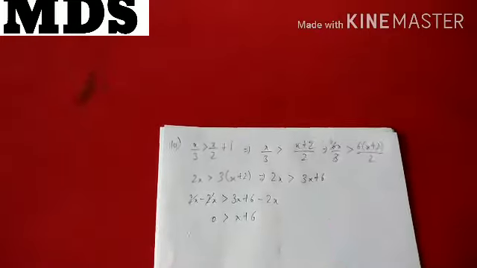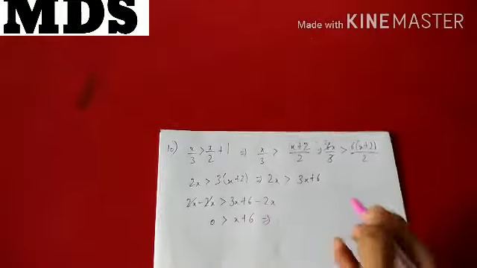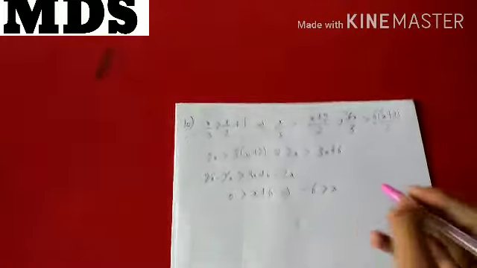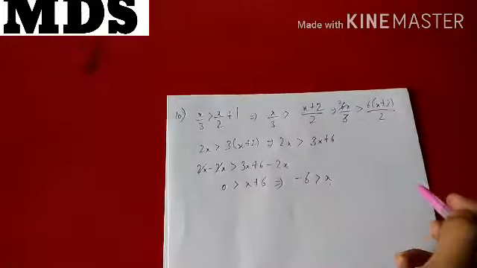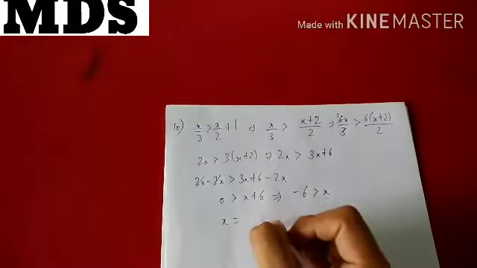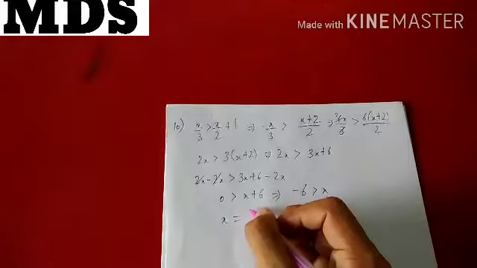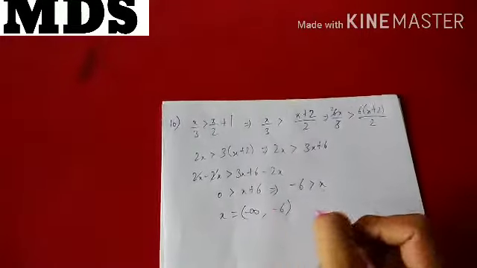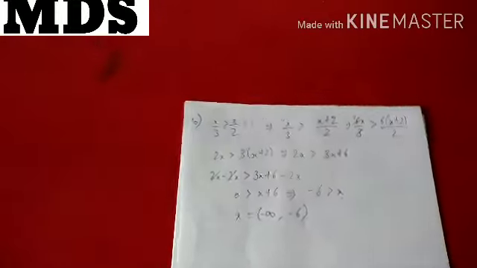So now we can subtract 6 both sides. So what we will get? We will get minus 6 greater than x. So that means values of x will be less than minus 6. So that means x will be, what? Its value will be from minus infinity to minus 6 closed in small brackets.